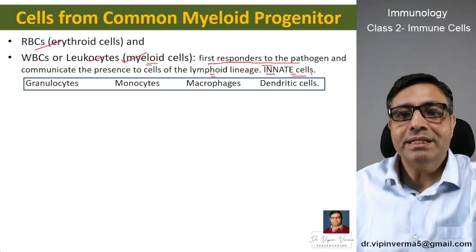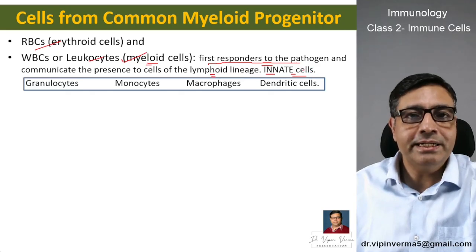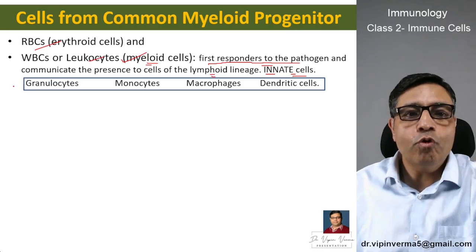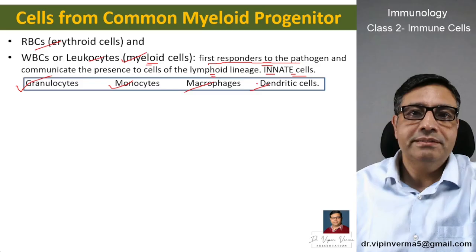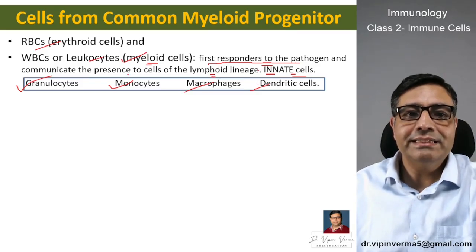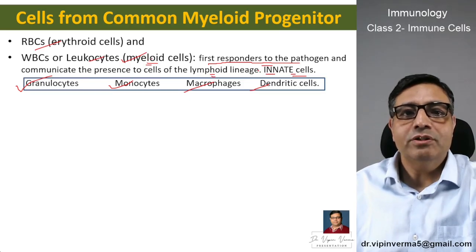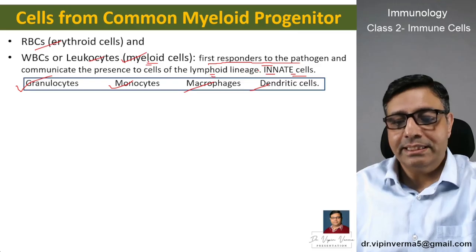We call them innate cells because they take part in the innate immunity. Now we have four types of these leukocytes: granulocytes, monocytes, macrophages, and dendritic cells. These four types of cells are the innate cells, and they are the myeloid leukocytes because their origin is the myeloid progenitor cell or the common myeloid progenitor cell.